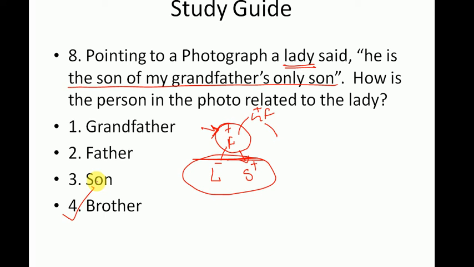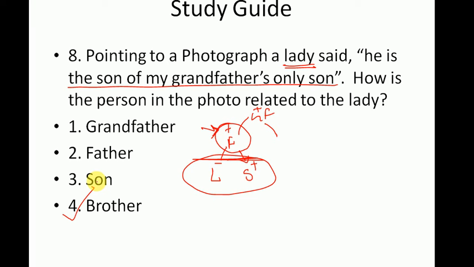Let me repeat it once again. The son of my grandfather's only son. Here myself is the lady. So I go to the lady's grandfather. His only son is the lady's father, and his son is this man I have written.